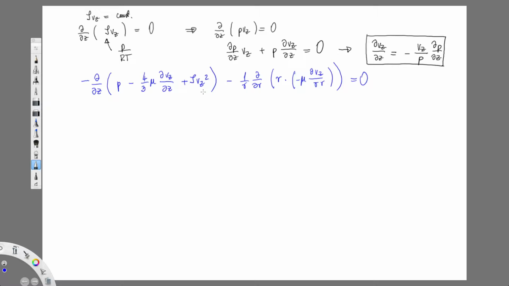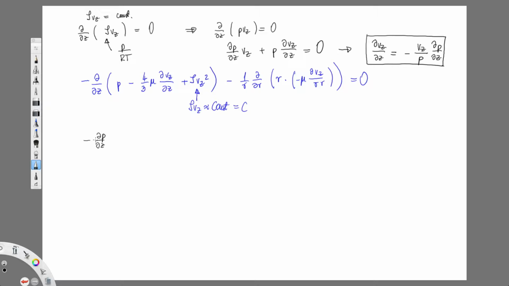Developing this. Okay. So first thing that I will recognize here is that my rho Vz is approximately constant, and I'm going to call it a constant C. So when I do the partial derivative of this, I'm going to continue in black.